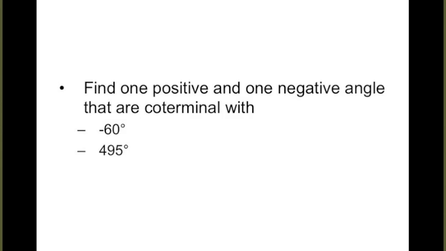So for negative 60, I could add 360 degrees and get 300. Graphing negative 60 and graphing 300 would look exactly the same except for the direction of that spiral arrow. You don't have to graph them, you just have to find them. You'll be asked to give one positive and one negative.